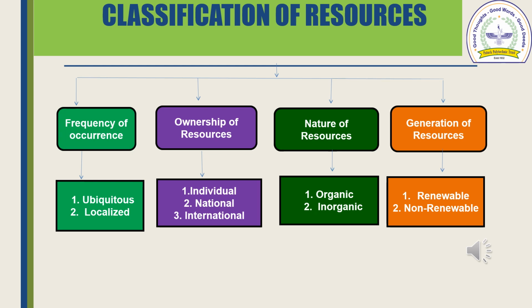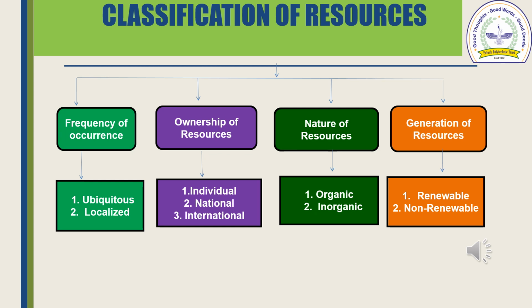Next point is national resources. The resources which are owned collectively by the people of a particular nation are called national resources. They are used for the benefit of all the people of the nation.